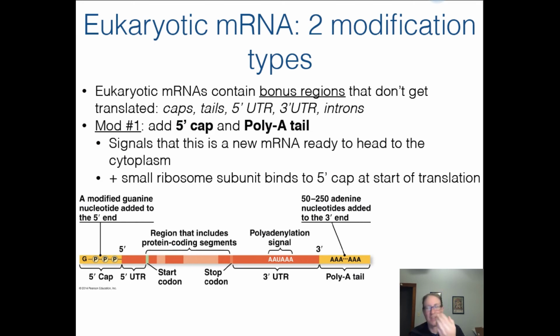Since the RNA has to be moved, there needs to be some way to tell that this is new RNA. Also, during the process of translation, that 5' cap is an important binding site for the ribosome. We'll come back to that. So that's the first major type of modification made to messenger RNA: adding the cap and the tail.